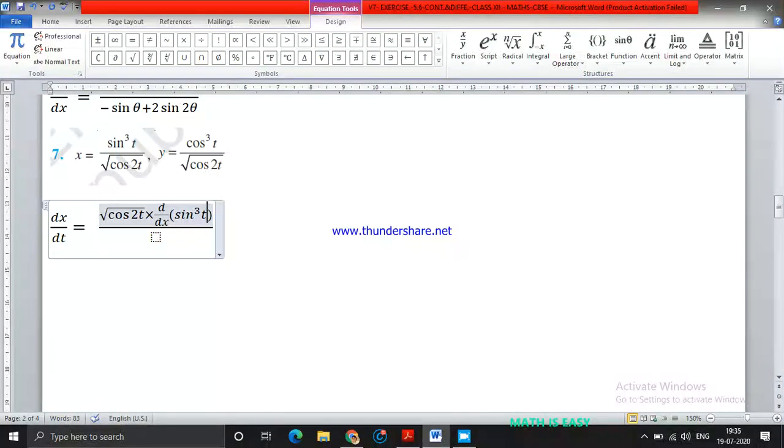Okay, v derivative of u minus u into derivative of v. If you want you can insert the multiplication symbol, u into derivative of v. Here also dt will come.